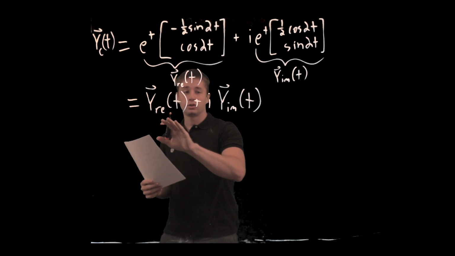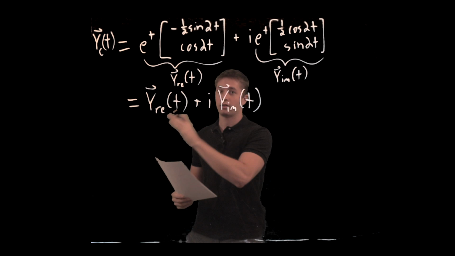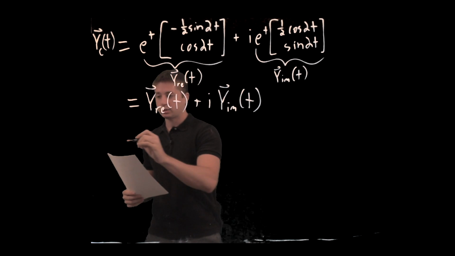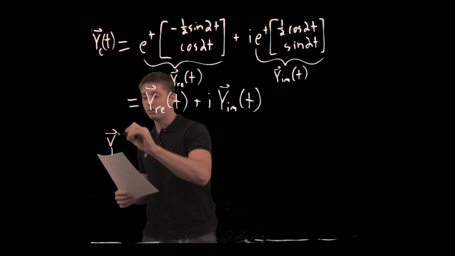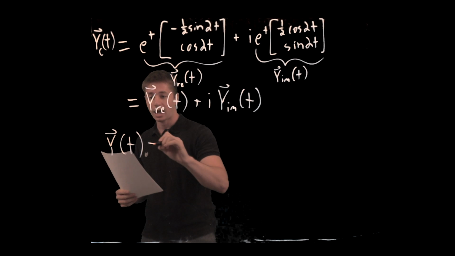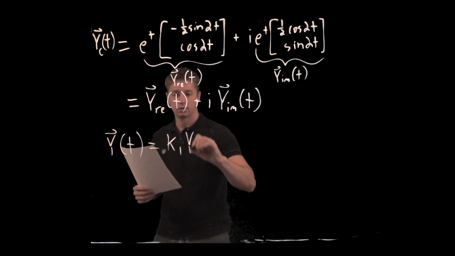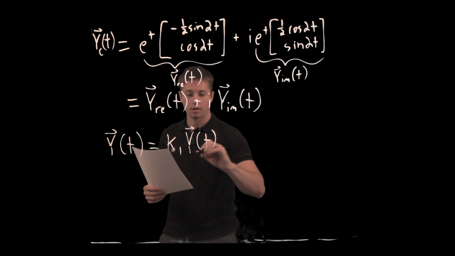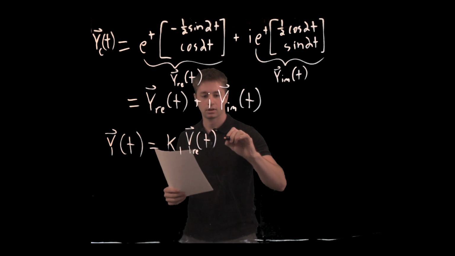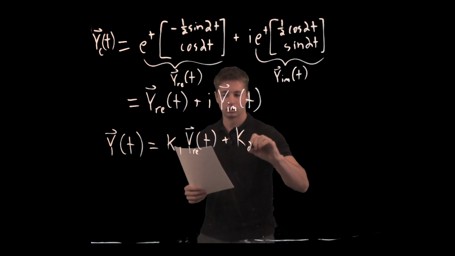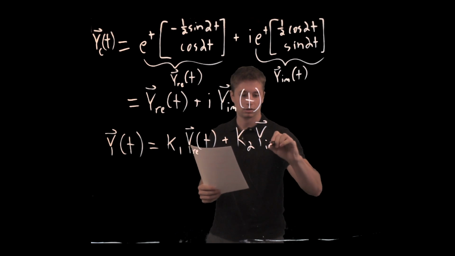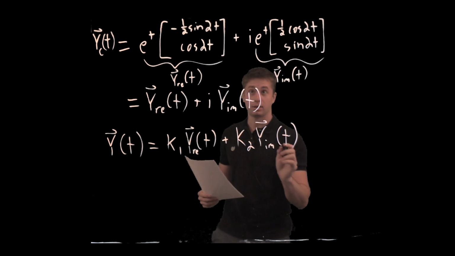So because we have two real valued solutions to our original system, we can express the general solution as a linear combination of the real valued solution, of the real part, and the imaginary part.